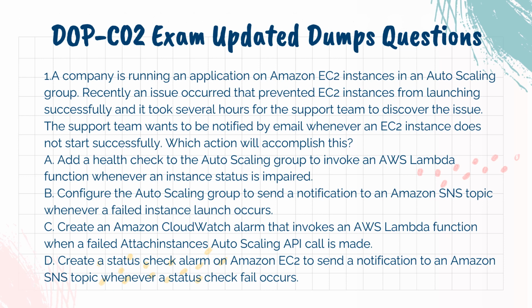C. Create an Amazon CloudWatch alarm that invokes an AWS Lambda function when a failed AttachInstances Auto Scaling API call is made. D. Create a status check alarm on Amazon EC2 to send a notification to an Amazon SNS topic whenever a status check fail occurs.